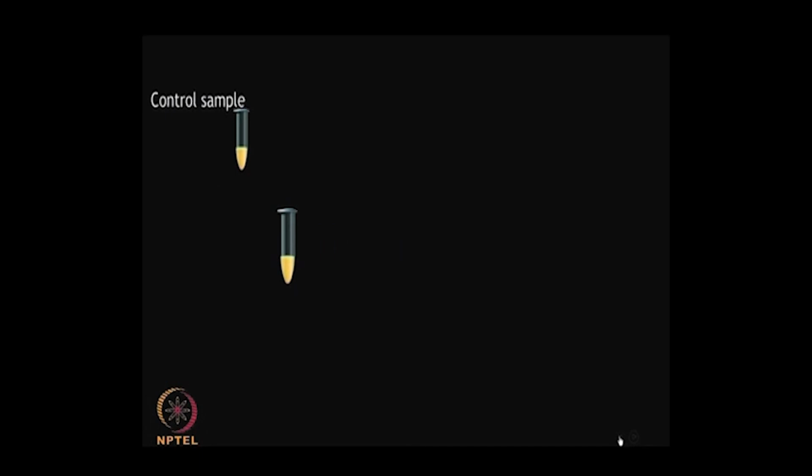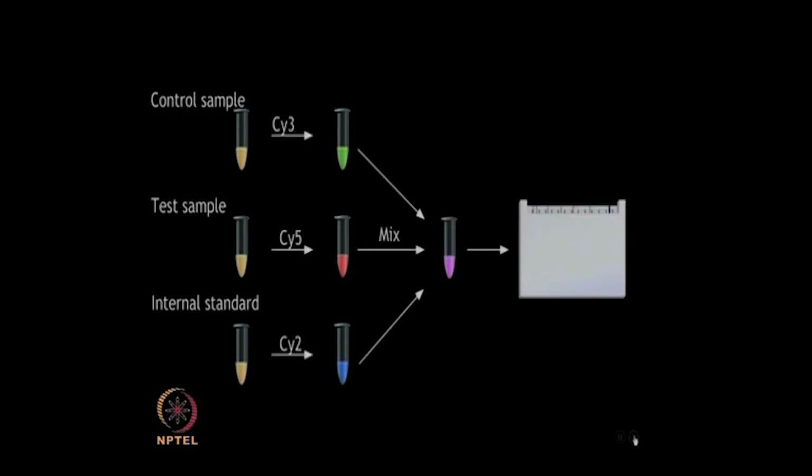In DIGE, the control and test samples can be differentially labeled using cyanine dyes and then run on a single gel. The pooled internal standard for DIGE is prepared by mixing equal amounts of all the samples that need to be run on the gel, and this prevents the problem of gel to gel variations.